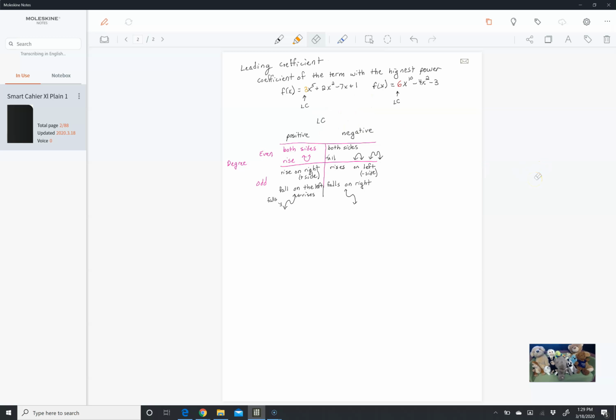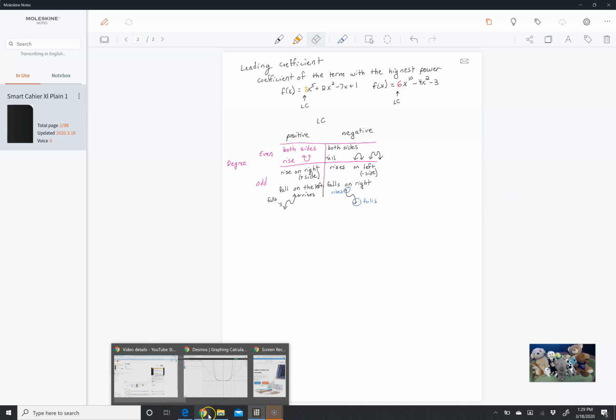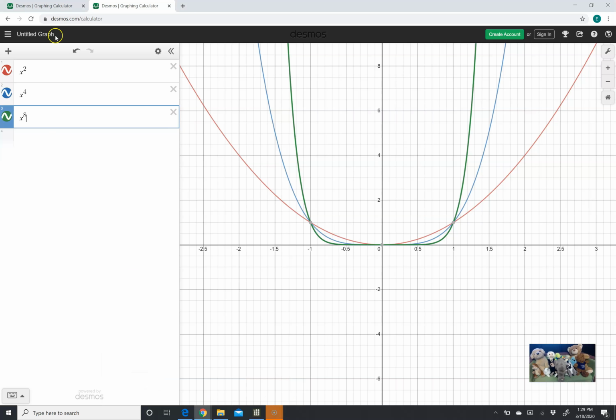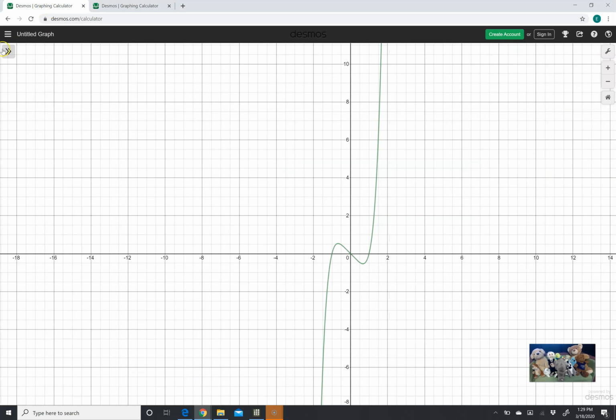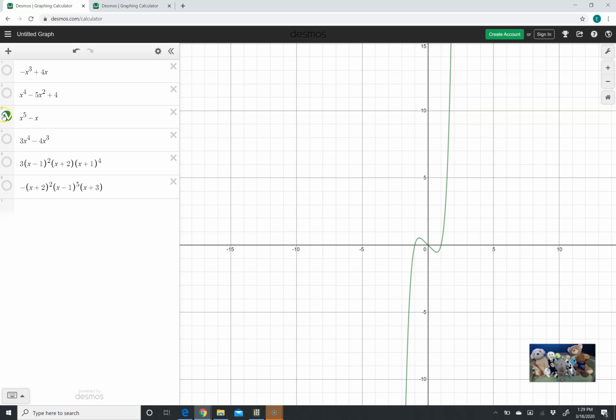So we can see over here, it falls, and over here, it rises. Okay, so if we go back into Desmos, let's just take a look at some graphs of polynomials.